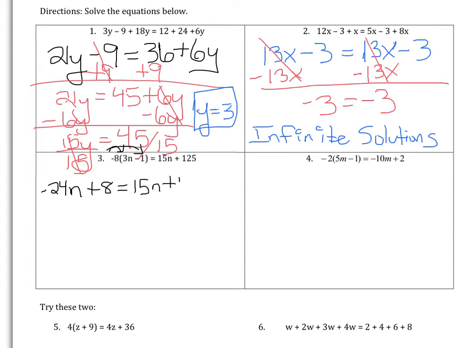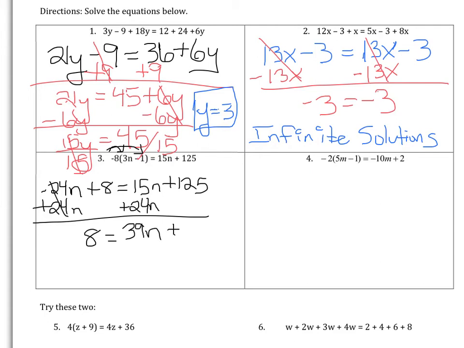And I'm rewriting the rest. I'm going to want to try to keep things positive if possible, so maybe I'll add the 24n. On the left hand side I end up having an 8. 15 plus 24 is 39n plus 125.